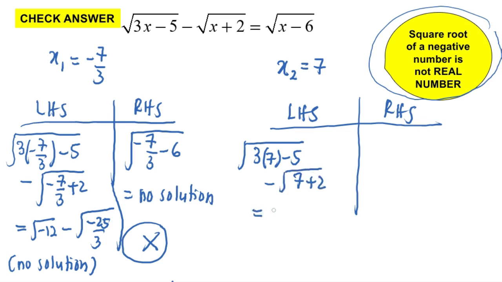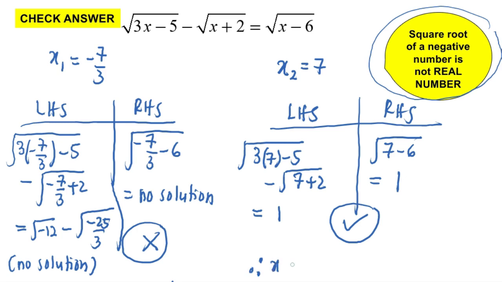Then simplifying this, we're going to get 1. Then on the right hand side is 7 minus 6 square root. Then simplifying this, you get 1 as well. So since both parts are equivalent, then we accept x equals to 7 as the solution for example 3C.